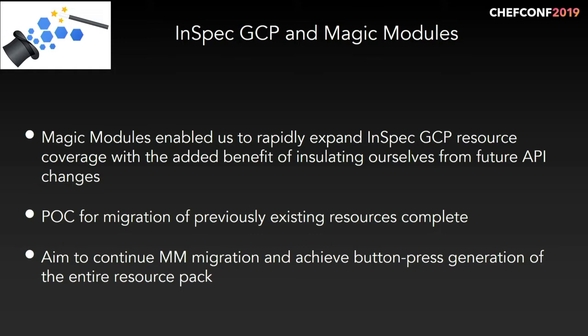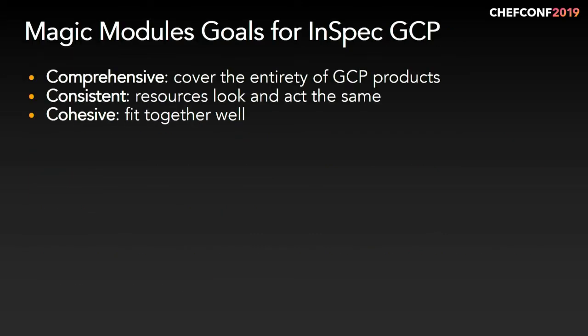So when I started working on the InSpec GCP repo about 5 or 6 months ago, the basic functionality had been covered by Stuart. So all the resources that are needed for the compliance testing were all written by hand.